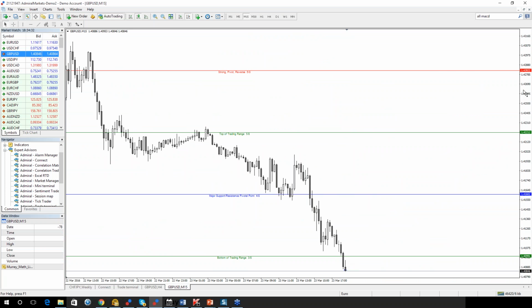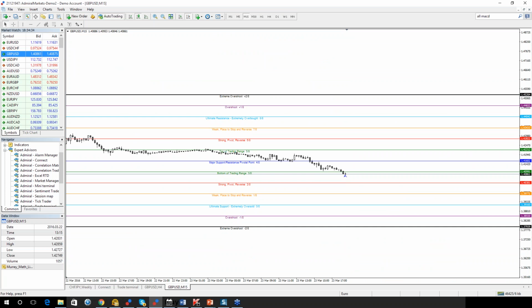Good question, Alif. Alif is asking, does the pivot change according to the price move, like a pivot point differently? Once these octaves are broken, it will print out a new set of octaves.